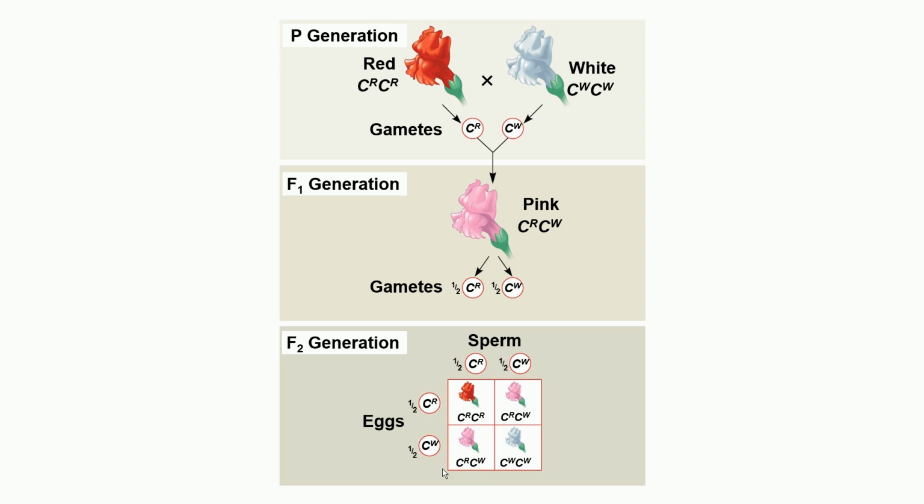It's called incomplete dominance. According to this inheritance pattern, when the alleles are in the heterozygous situation, the character shown is not of the dominant trait, but is an intermediate, in-between character.